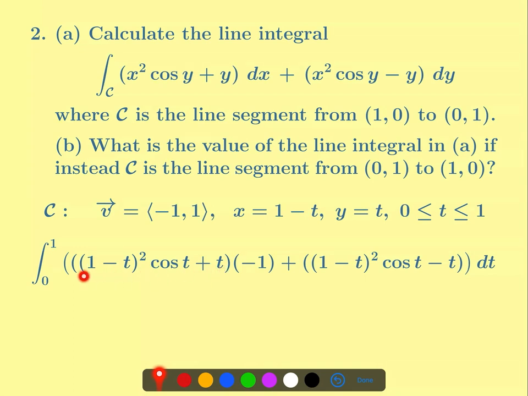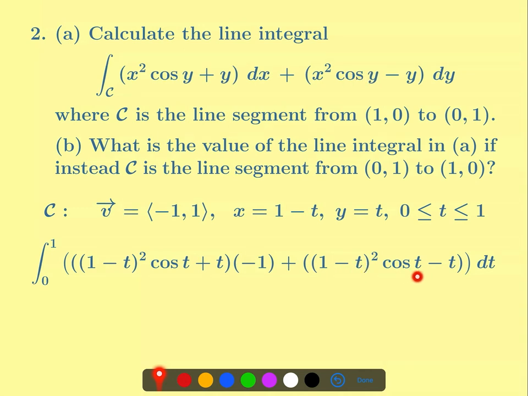So I have this expression, and now what I want to do is multiply this by dx. And dx, again, was minus dt, so I have minus dt. And for the next expression, we have x squared, which is (1 minus t) squared. x was 1 minus t.